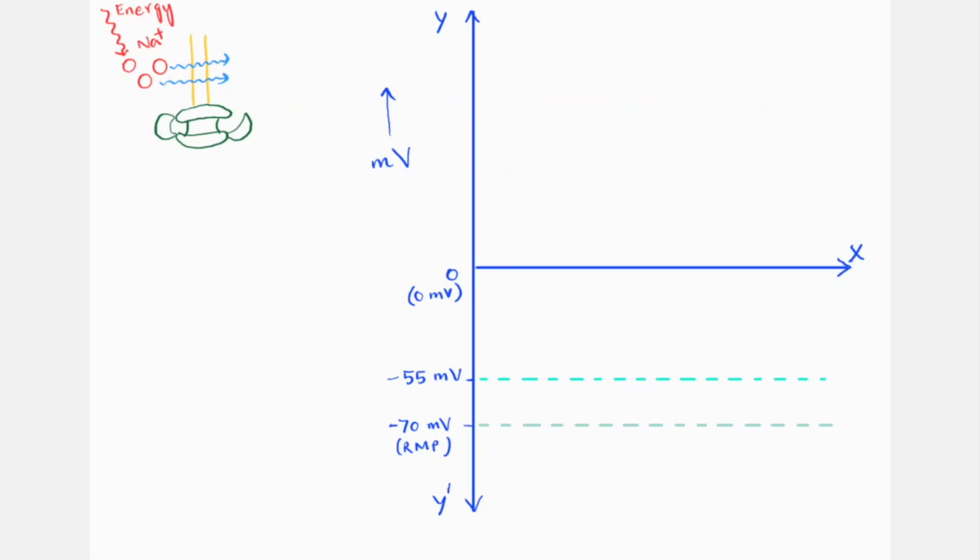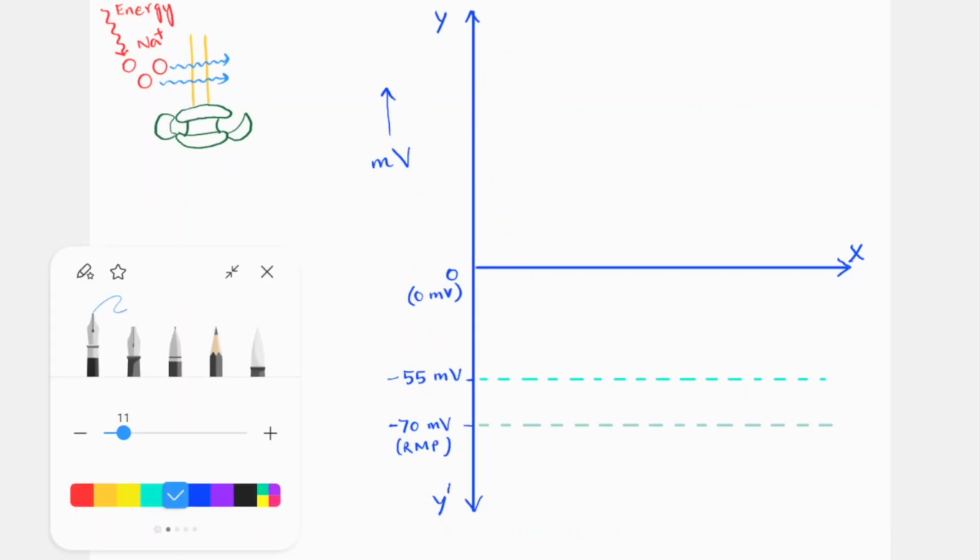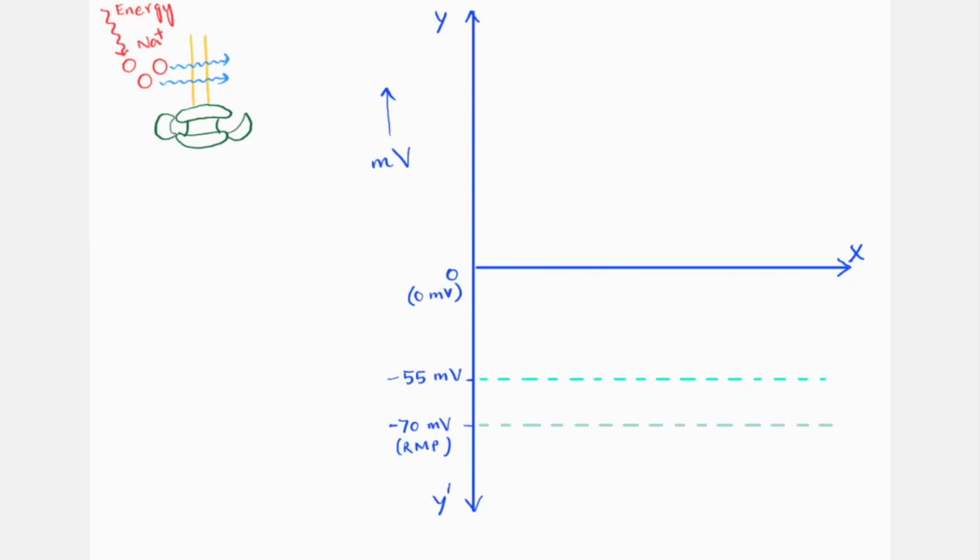All right. So initially, if we draw the profile here, I'll do it in red. If I consider the profile here, it's at minus 70 initially, and then the sodium is getting inside. So what's happening to the inside? The inside is at minus 70.